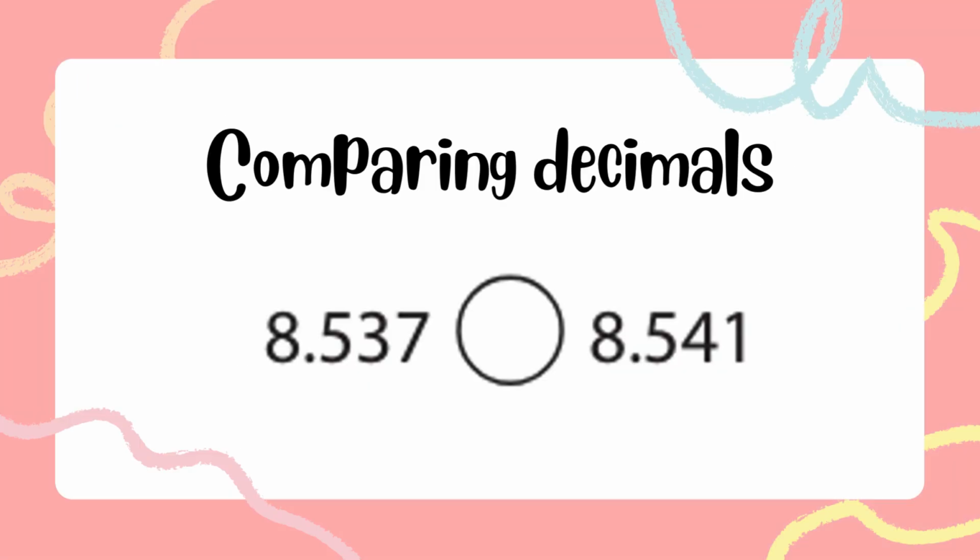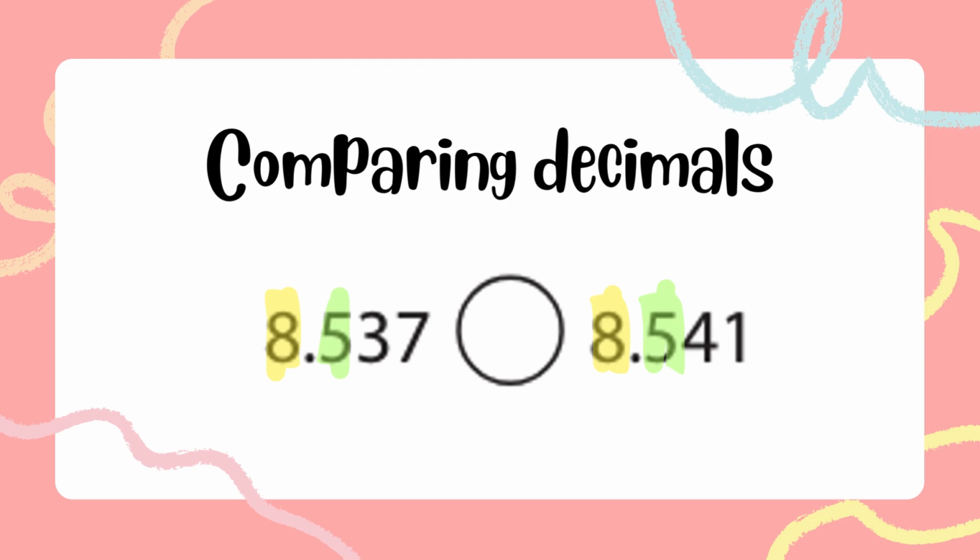All right, let's try a different one. We're going to try this one that has numbers in the ones place. So we're going to compare these decimals. If I compare the eights, they're the same. So I'm going to move to my next place value, which is the tenths. If I look at the tenths, they are again matching.